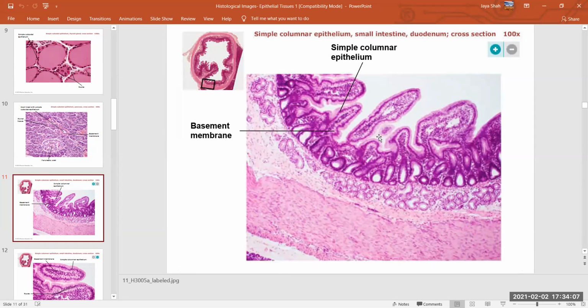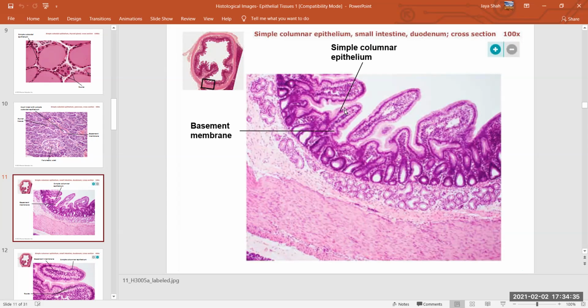Now, you will see a better diagram in the upcoming slides, but this is from the small intestine epithelium. You can see this is connective tissue, then smooth muscle, the smooth muscle wall in the intestine. Then you have connective tissue here, the basement membrane, and this basement membrane goes all the way.